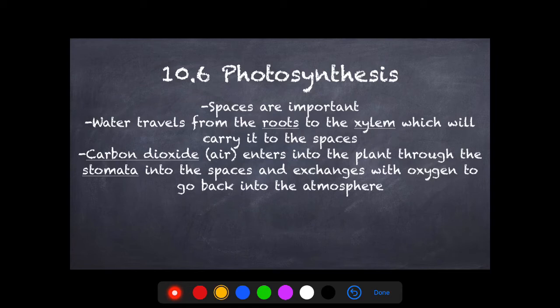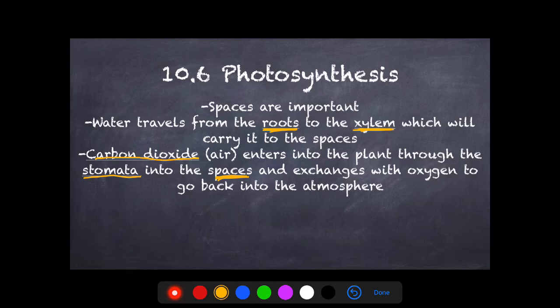Now, why are there air spaces? It's actually a really good thing, because when you have water coming from the roots moving through the xylem, they will carry water to those spaces between the cells. And then you also have carbon dioxide that's being moved throughout the plant, and it's going to reach the stomata, and it's going to reach the spaces that you have and exchange the carbon dioxide for oxygen, so that it can release that oxygen back into the atmosphere.